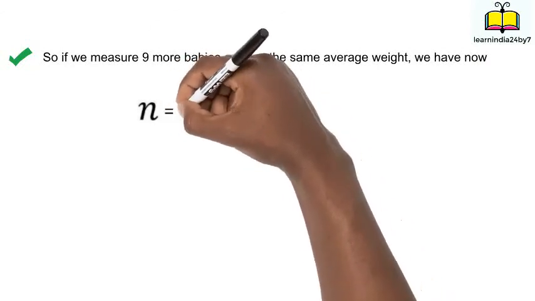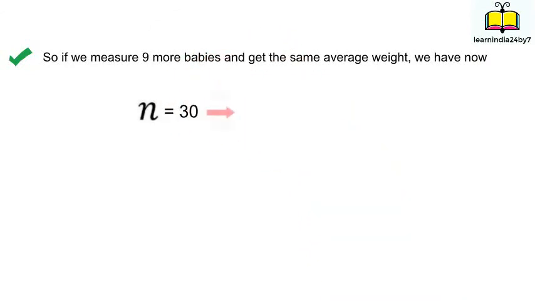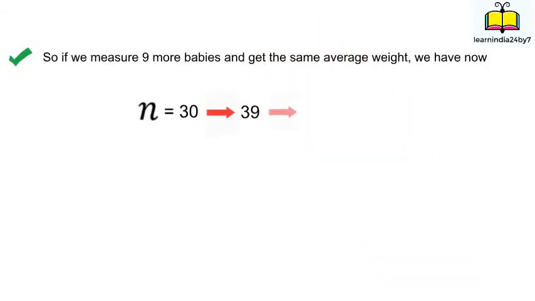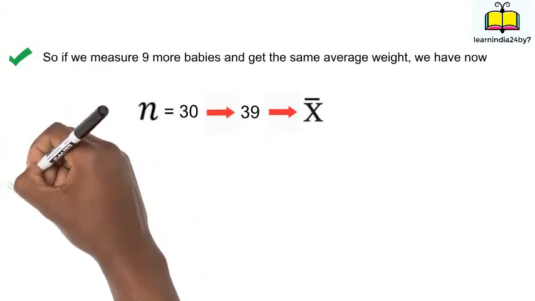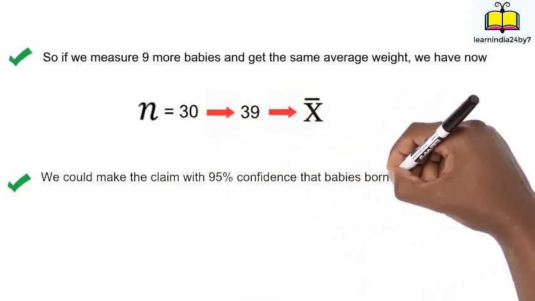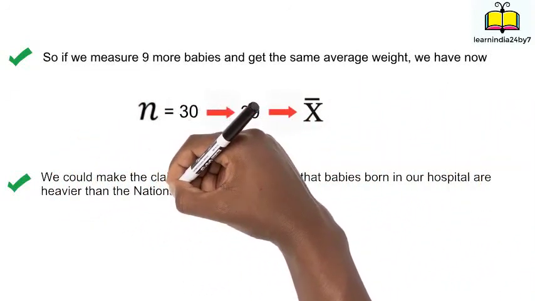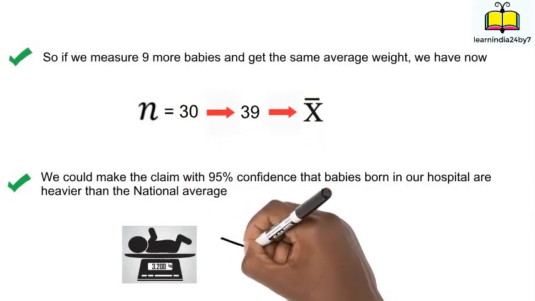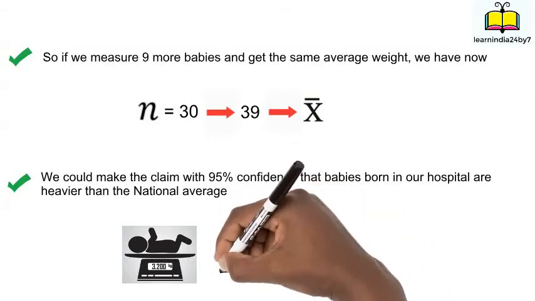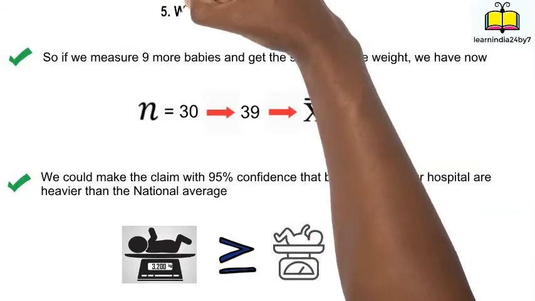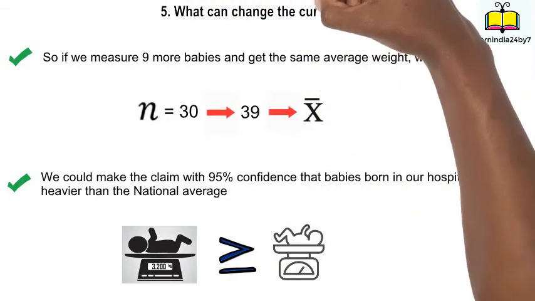So if we measure 9 more babies and get the same average weight as we have now, then we could make this claim with 95% confidence that babies born in our hospital are heavier than the national average. But it is obvious that by adding 9 more samples, the average weight could go up or down.